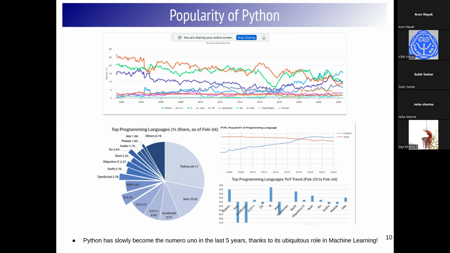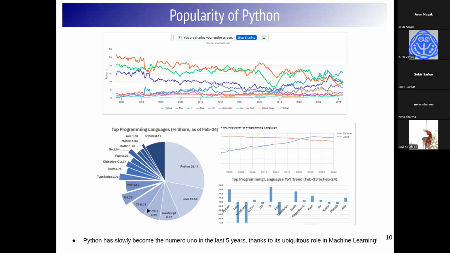So these are the major languages, and we all know that the most popular language, although it is not shown here, is still JavaScript. But in this index, JavaScript is not shown to be the most popular one, but that is because of web development. So if you look at the pie chart in some other index, not the TIOBE index, it's Python 28%, Java some percent, JavaScript is quite prominent.